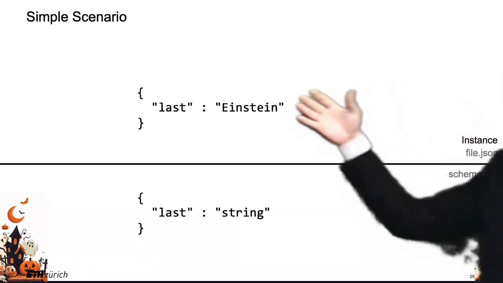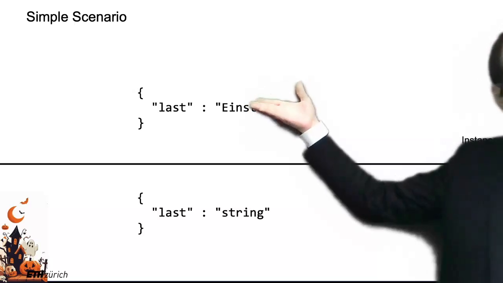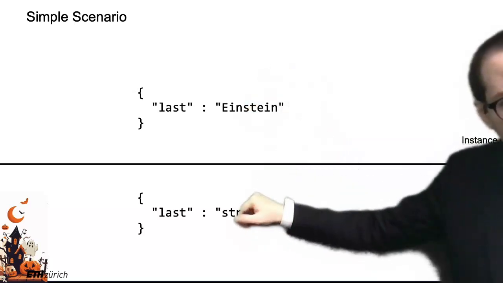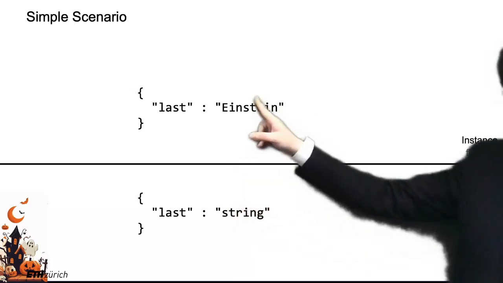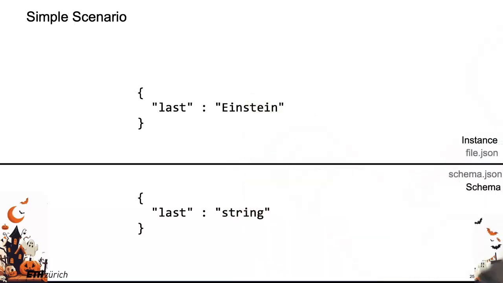So when you have a JSON document or an XML document that you have validated against the schema, or that you want to validate against the schema, this is called an instance. Just in the same way that in Java, you would have the notion of class and the notion of object, and you would say that an object is an instance of the class, right? You can have many different objects that are instances of the same class, just like you can have many different JSON objects that are instances of the same schema.